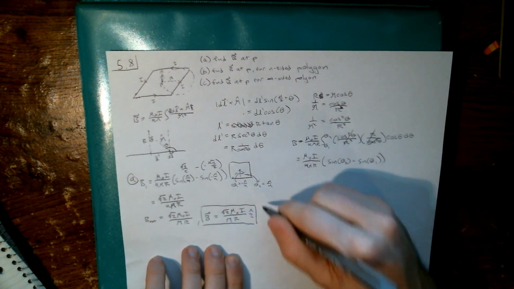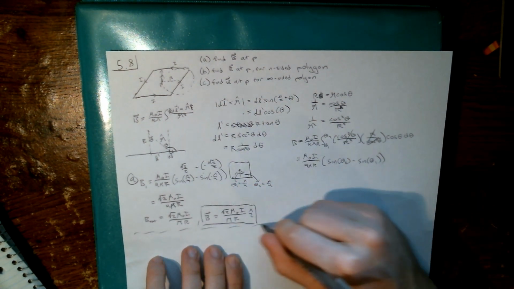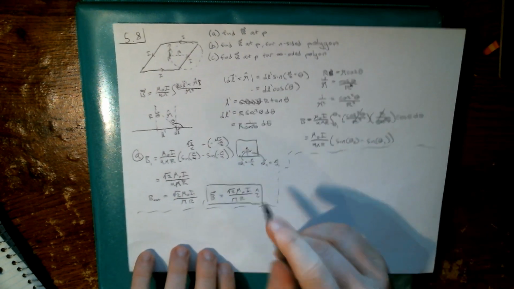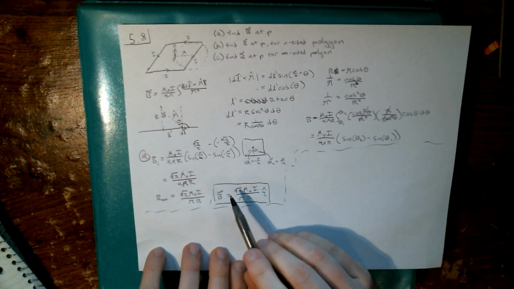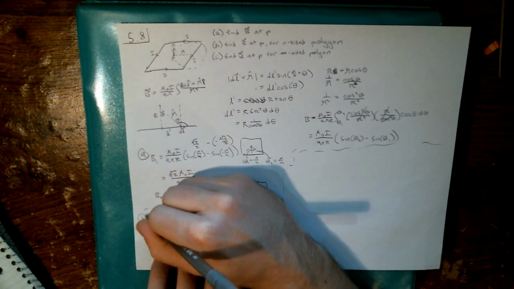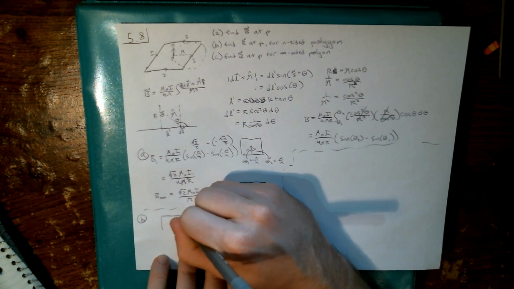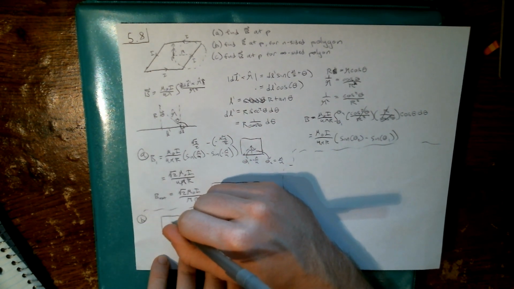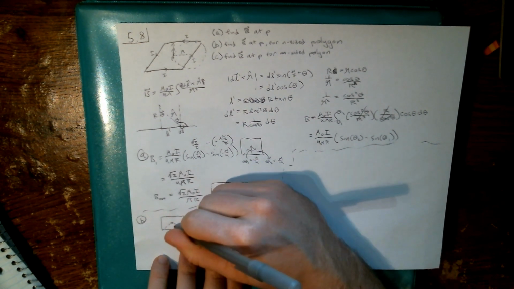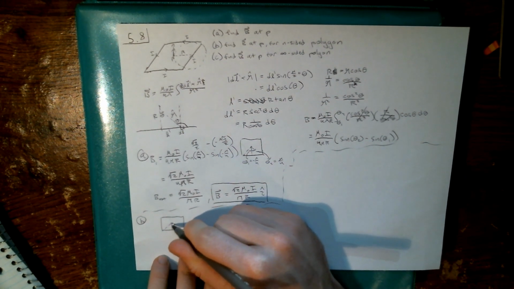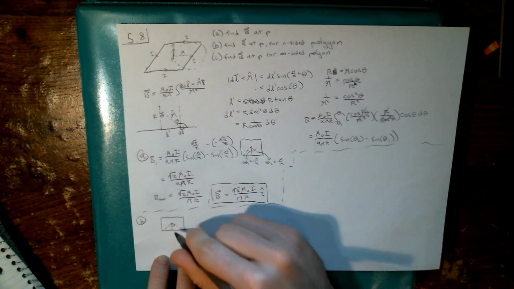All right. Now the next question asks to find an expression for the magnetic field due to an n-sided polygon. So to do this, all we have to do is simply recognize a pattern. We could see that in a square in the center, we have this angle. These angles are the ones we're going to be using. They're equal and opposite, so we really only need to worry about this one.